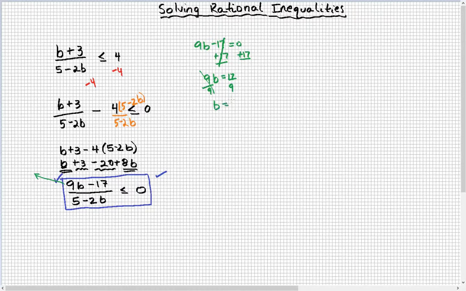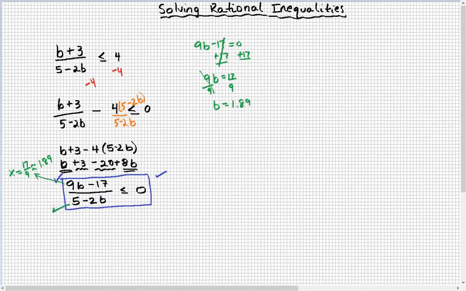We get that b equals 17 divided by 9, which is approximately 1.89. So x equals 17 over 9, or approximately 1.89. And we do this because we have to put it on the number line, so we have to know pretty much where it goes so that we can pick the points to test.